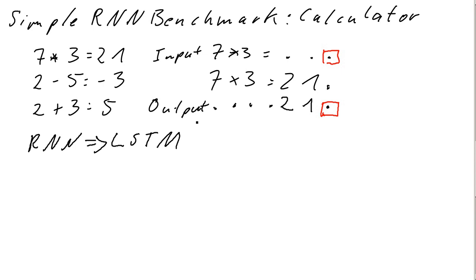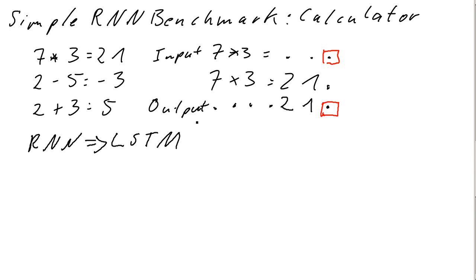In this video, I don't want to dive into LSTM networks or recurrent neuronal networks because this is not my target. The first step is that I have a benchmark for RNN, and this is simple. The next step is to show you a neuronal network that works.